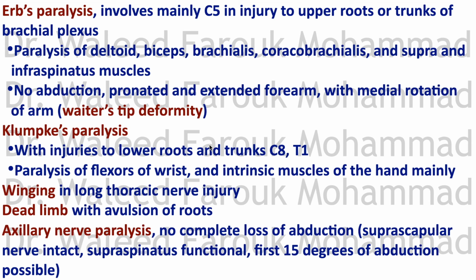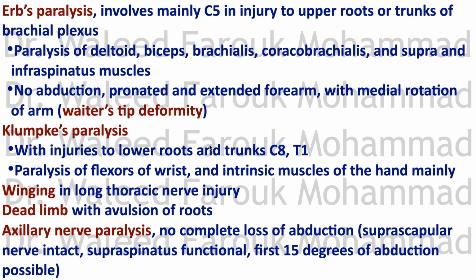So remember, when you cut the roots, complete loss of abduction at the shoulder. But when you cut the axillary nerve itself, there is no complete loss of abduction because the supraspinatus is still healthy.